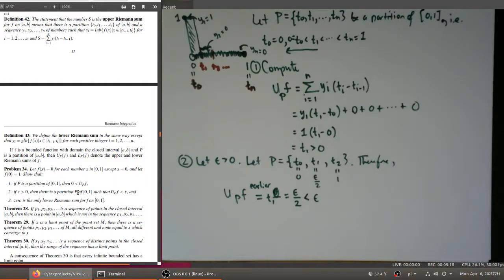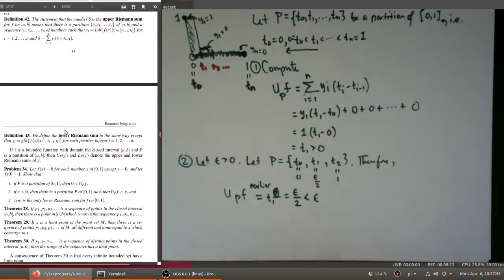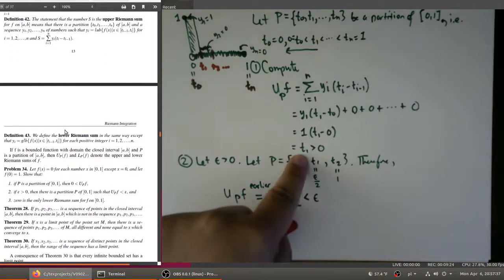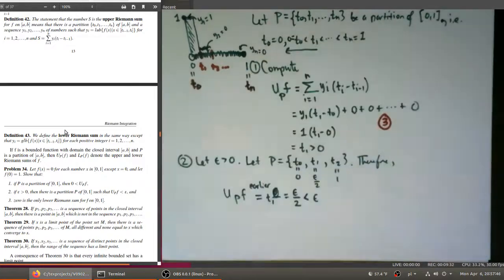Now, just like on the previous example, I was able to always compute the upper integral, but it was always a different value. So now they're telling me in number 3, maybe I'll do it in red, I should only get 0 as the lower Riemann sum, no other option.